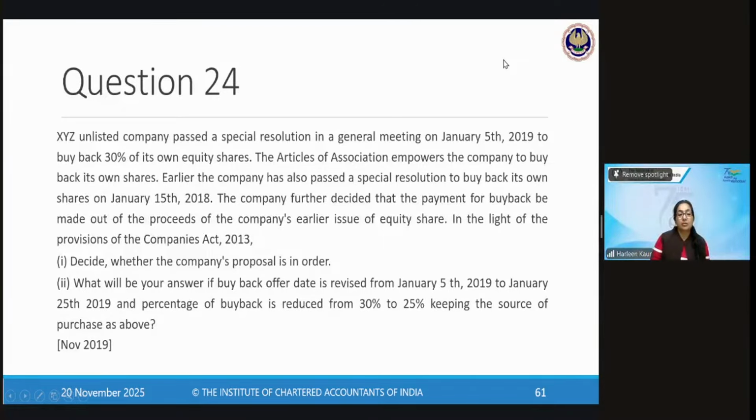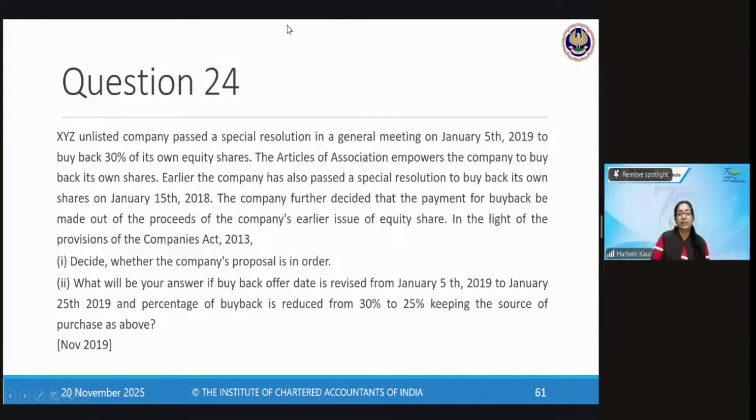Is the company's proposal in order? And if the buyback date is revised to 5th January to 25th January, and the percentage of buyback is reduced from 30 to 25, keeping the source of purchase as above? This is a November 2019 examination question in front of you. We have done many questions related to May 2022 also today. So what will be the correct answer?